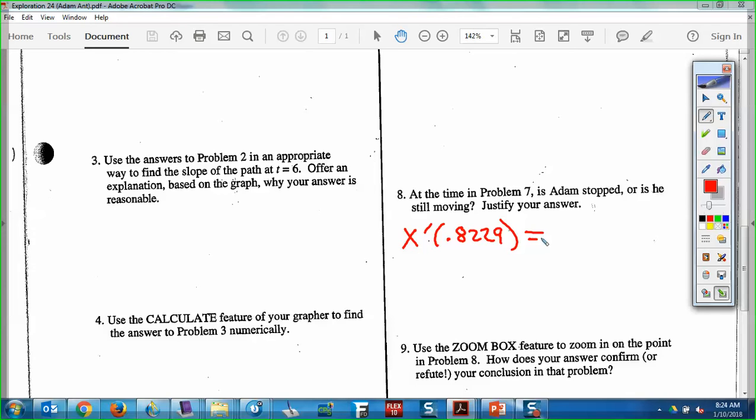But maybe a better option is to just say, well, what is his horizontal motion at this time? Did anybody get a value here? Just plug that into x prime, which was your 0.4 minus 0.4 t, whatever. By the graph, we better get a positive value, because it looked like he was going right.